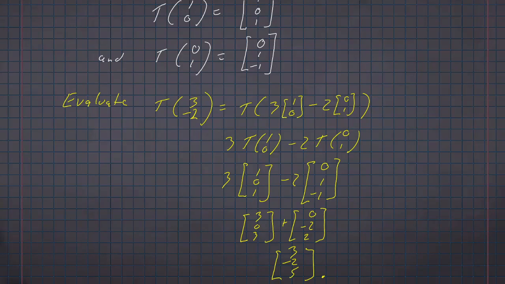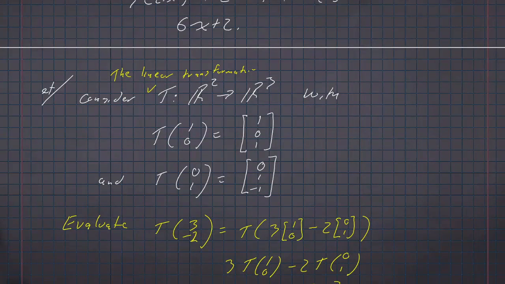Just by knowing how the transformation works on the basis vectors, we can calculate the value of the transformation at any given point. Now, for this particular example, between R2 and R3, the vectors are fairly compact and easy to work with, and we're dealing with a two-dimensional vector space, so we don't have a lot of vectors to list out.